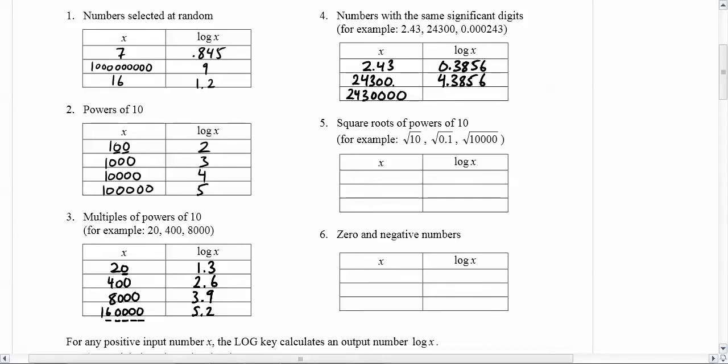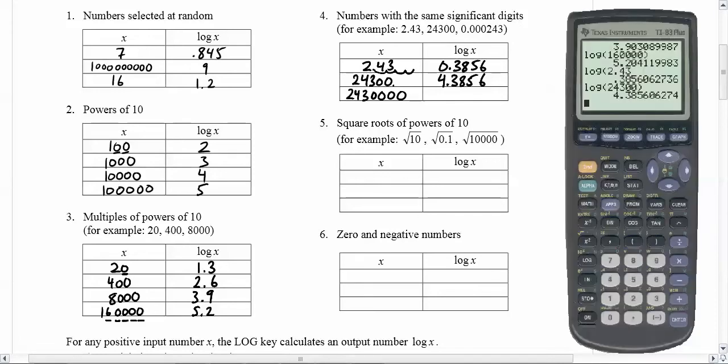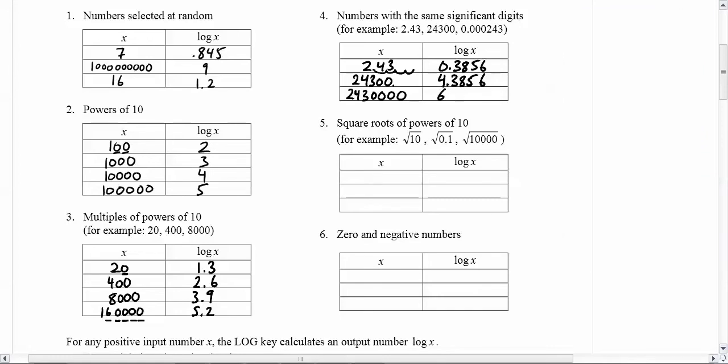We took this number, we moved the decimal over 1, 2, 3, 4 places, and the log became 4 more. If we move that decimal place over even further, then the log becomes even bigger, 6.3856.